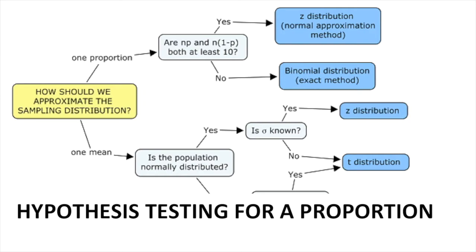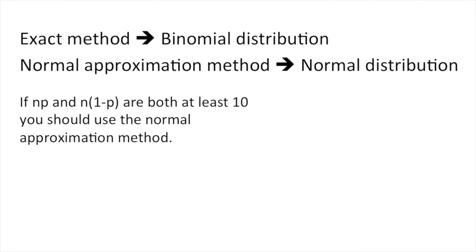If n times p or n times 1 minus p is less than 10, then we're going to approximate the sampling distribution using a binomial distribution. Minitab Express will call this the exact method. Again, the exact method uses a binomial distribution to approximate the sampling distribution. The normal approximation method uses a normal distribution to approximate the sampling distribution.